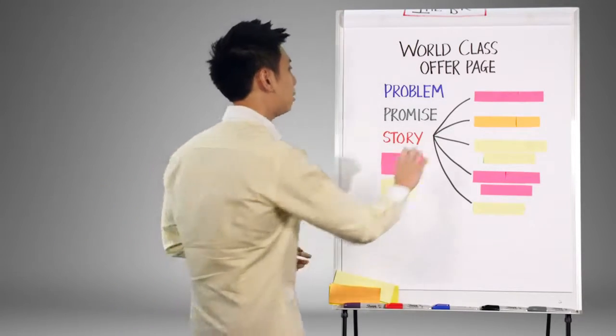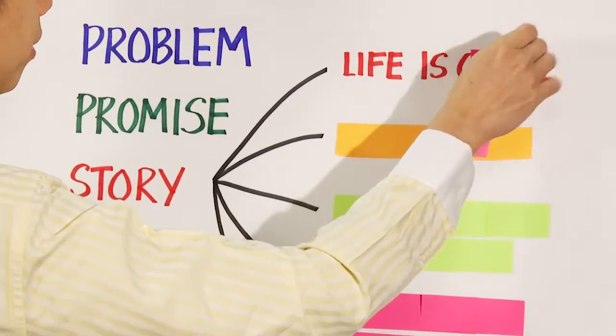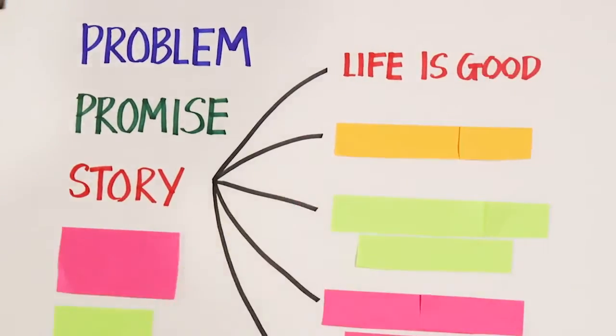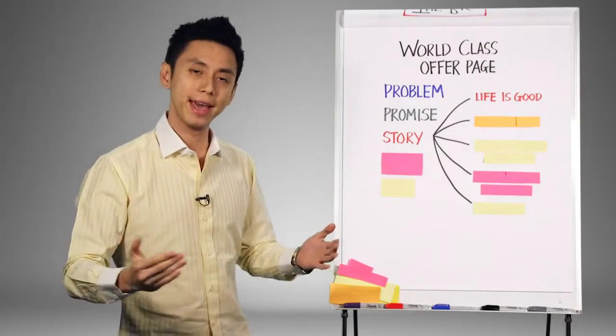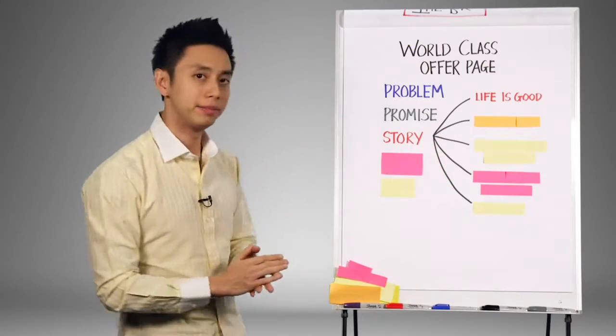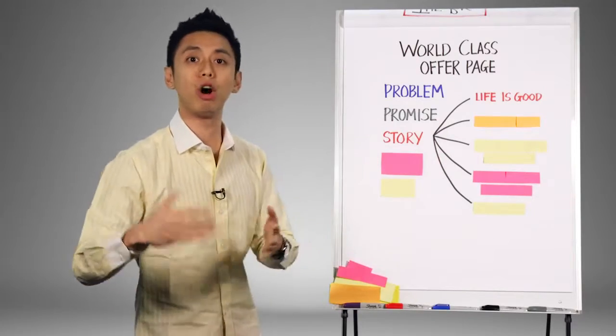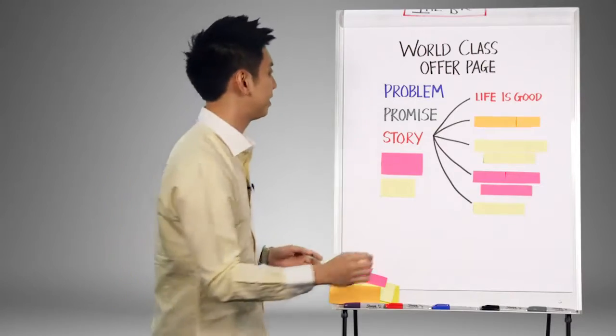So in other words, when it comes to telling your story, it begins like all stories, even in Hollywood, where it starts off with, life is good. You're living your life and everything's going well. And then, usually, even in Hollywood blockbusters, comes the brick wall, the problem, right?